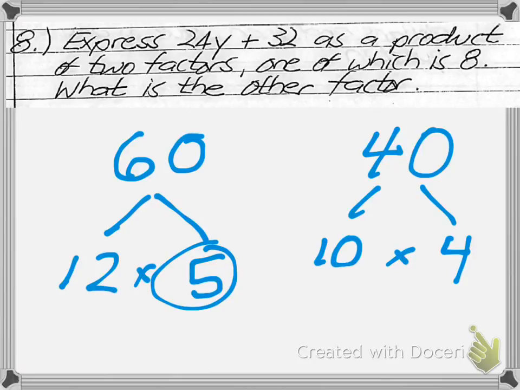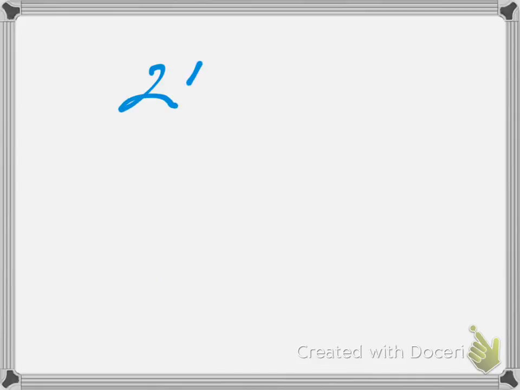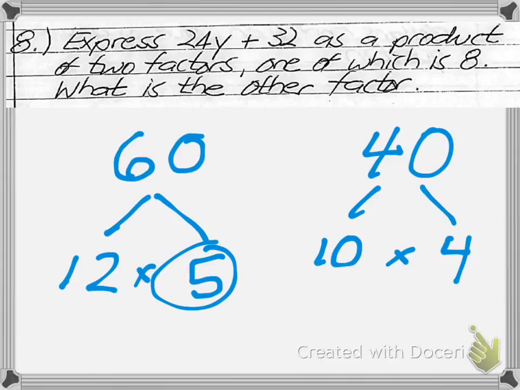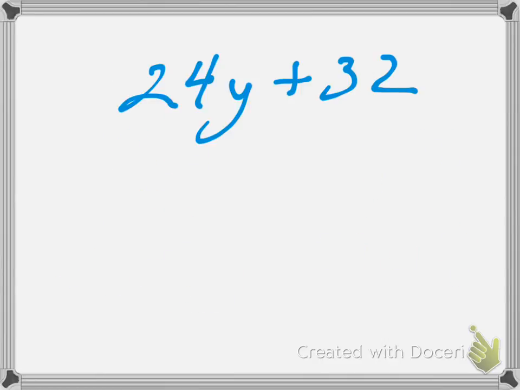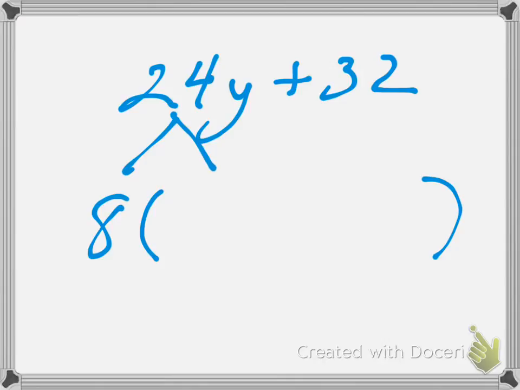So we have 24y plus 32. This is in two separate parts, and they want us to express it in two factors, one of which is going to be 8. So we have to take 8 out of both of these. We're going to put parentheses for the factors, and we know that 8 times 3 is 24, and the y is going to drop down.